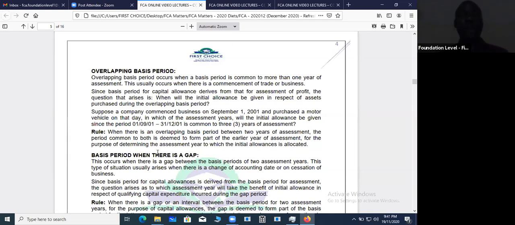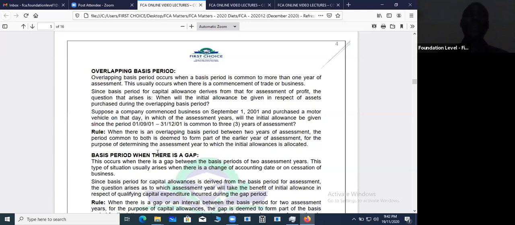Will you give it to year 1 or will you give it to year 2? So the rule for overlapping is that whenever two basis periods or 2 years of assessment overlap, that overlapped period is deemed to form part of the earlier year of assessment.